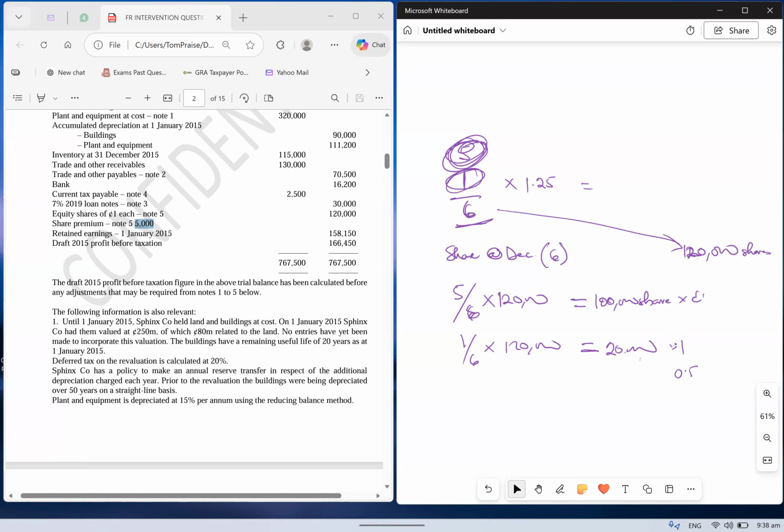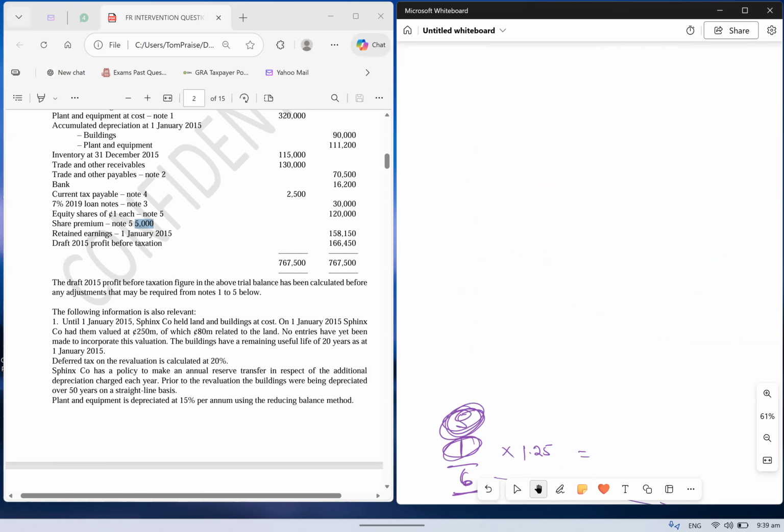But they told us all these things were done. Yes, I had 5,000, the 0.25 by the 20,000. So that means that's where the share premium came from. So even the share premium, as at the beginning of the business, they didn't have it. That's why they attached the note on it.